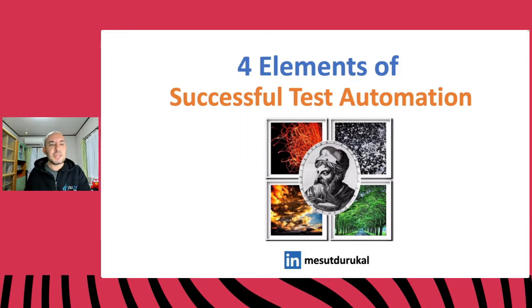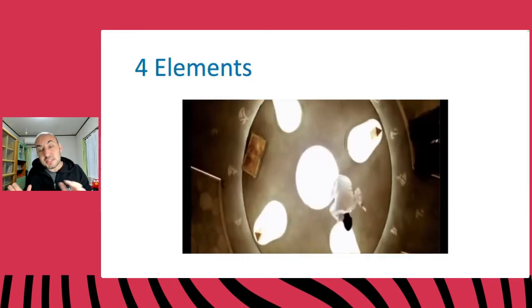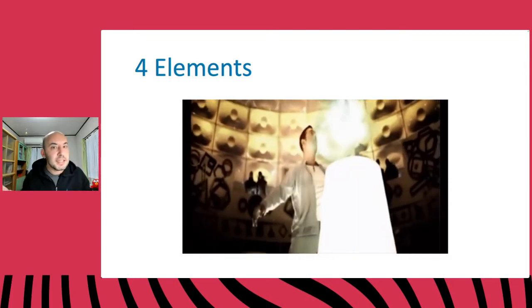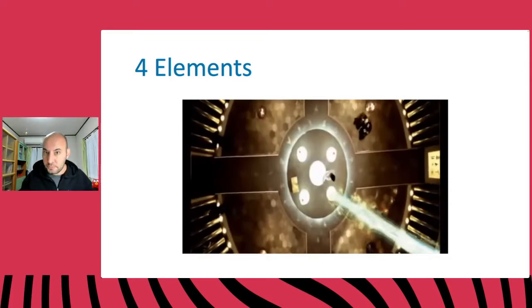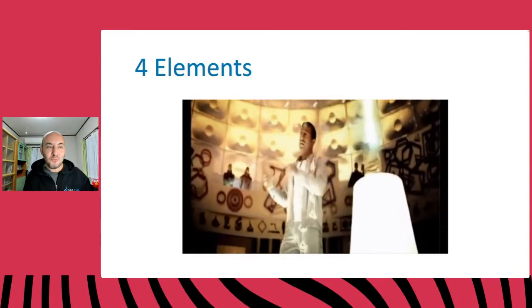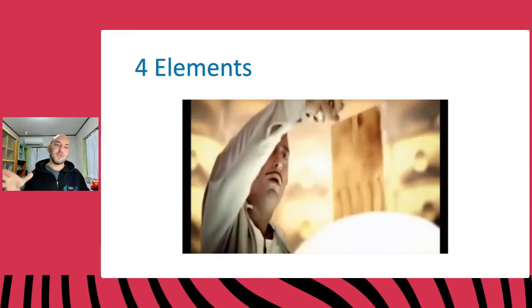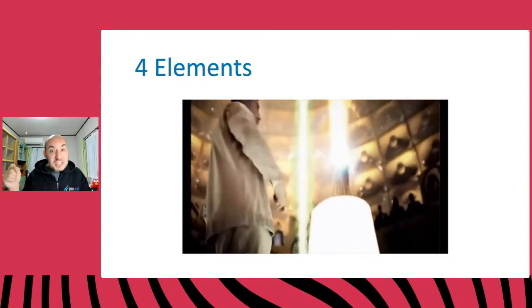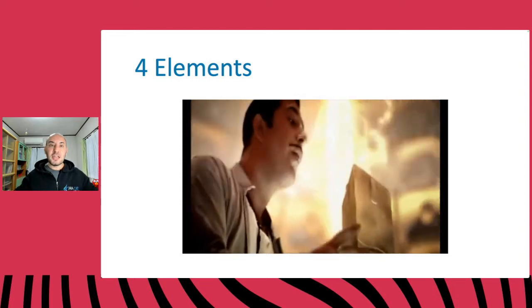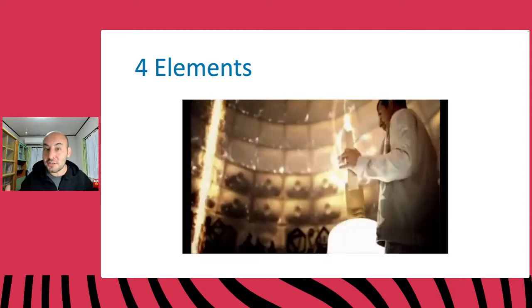So this is the very basic idea. If we are missing one of those elements, then we will not be able to maintain our life. So what we will discuss is what these four elements are in terms of successful test automation. What kind of four basic pillars do we need to sustain a successful test automation lifecycle?